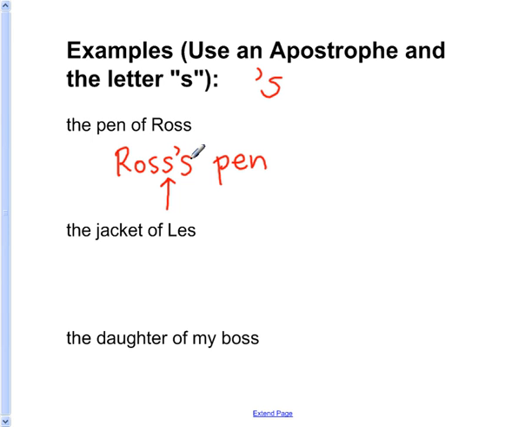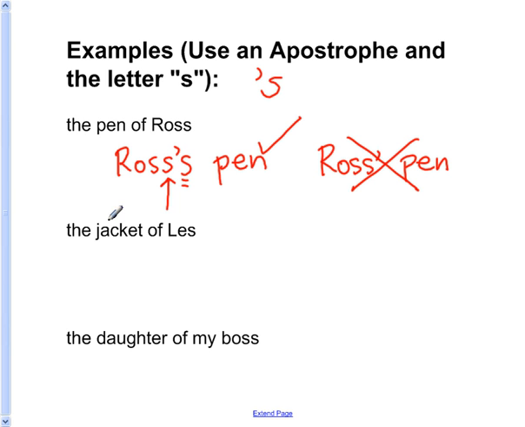We have to do a sound test to determine if we use an apostrophe S or simply an apostrophe. Do we say Ross's pen, where we actually hear the extra S, or do we say Ross pen? No, we actually hear the extra S, so it is Ross's pen, so the apostrophe S is correct.